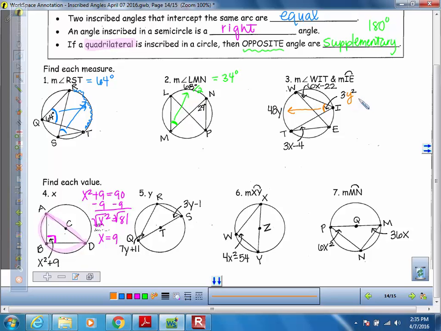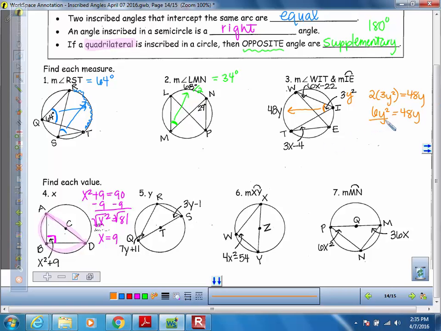Does that work? So 2 times our angle, which is 3y squared, should equal our arc. If I multiply this, that gives me 6y squared equals 48y. One of my classes wanted to divide both sides by 6 and by y. You can do it that way, or you can also factor by GCF. Which one is easier for you guys?